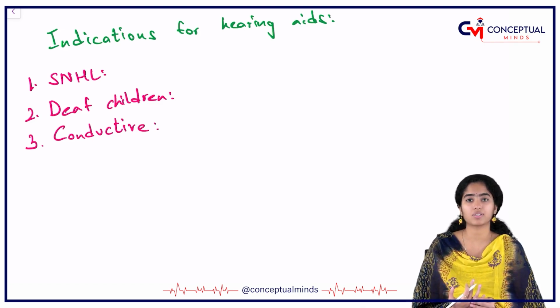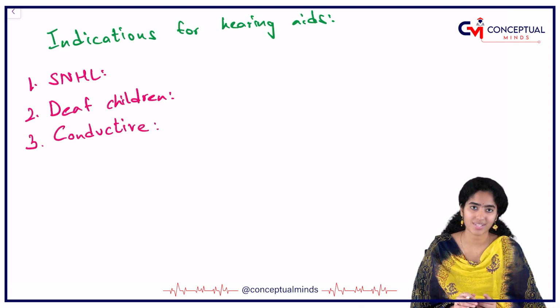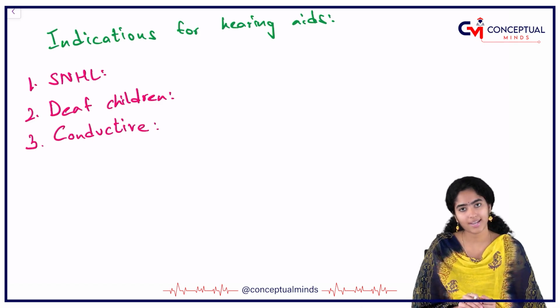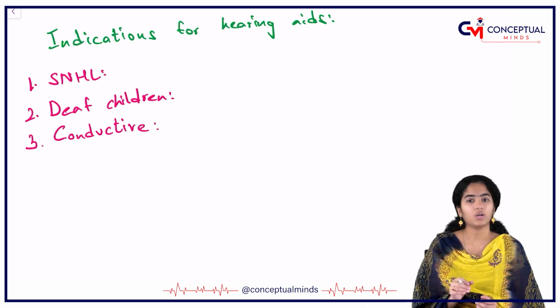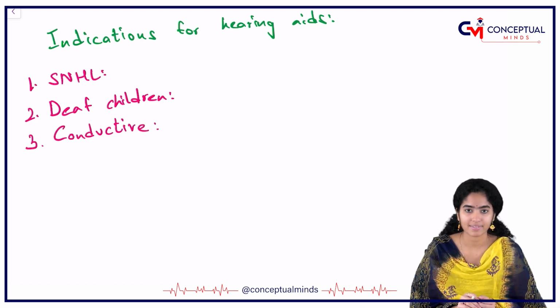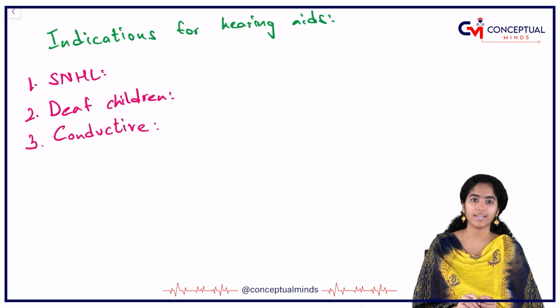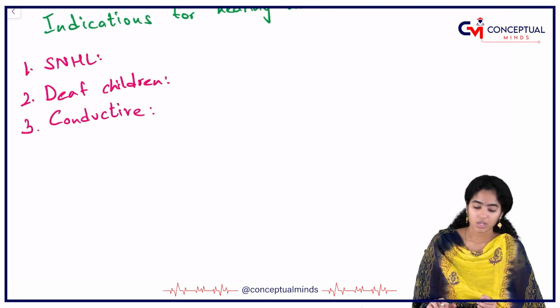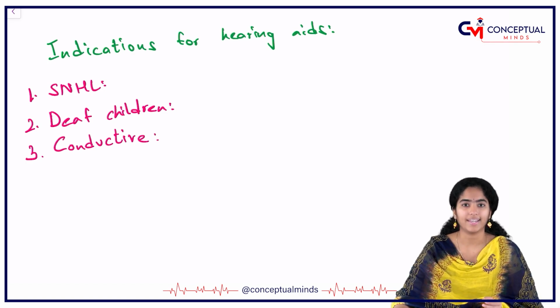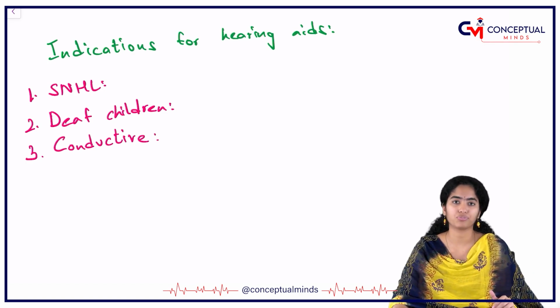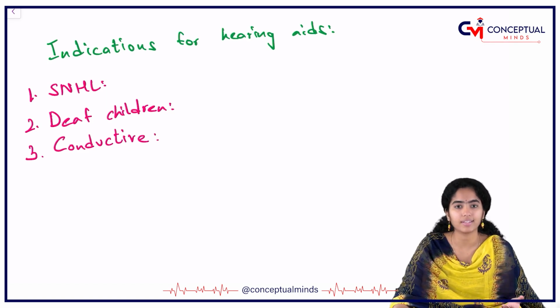Not 100%, if there is a considerable amount of hearing loss even after the surgery, or as I said earlier, this patient is not a suitable candidate for surgery, then we can go for hearing aids. They will get benefited with hearing aids. So these are broadly the three indications for hearing aids. They're nothing but the types of hearing loss and when you can use hearing aids.